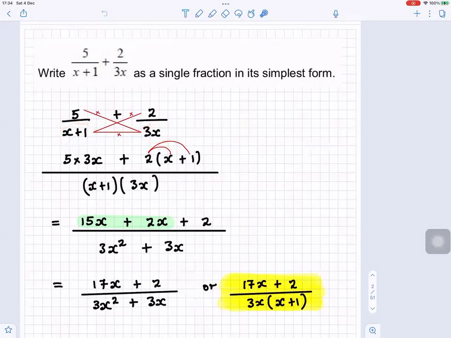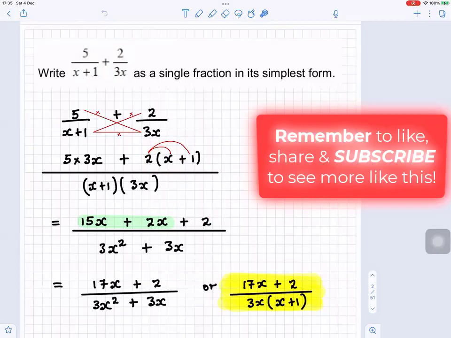That goes in the denominator. 5 times 3x is 15x. Remove the bracket. 2 times x is 2x. 2 times 1 is 2. And you can remove the bracket in the denominator. 3x times x is 3x squared. 3x times 1 is 3x.